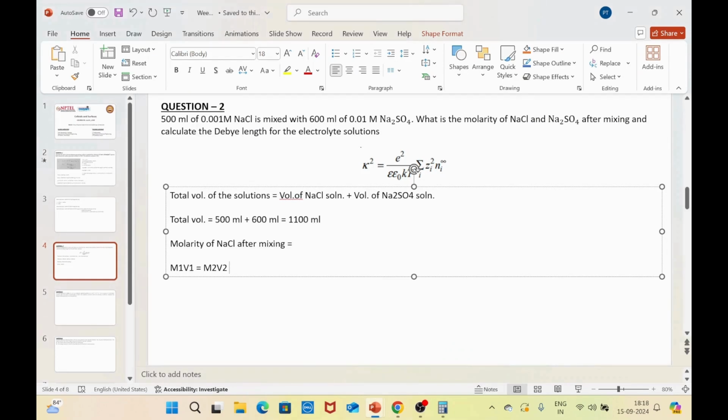So here also you can use the same thing.